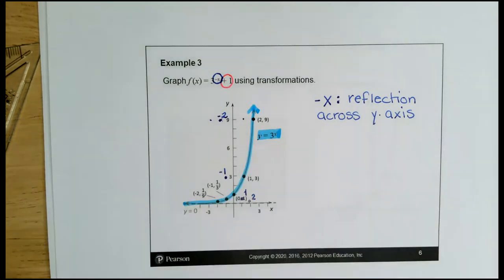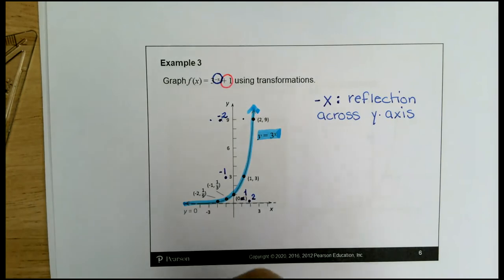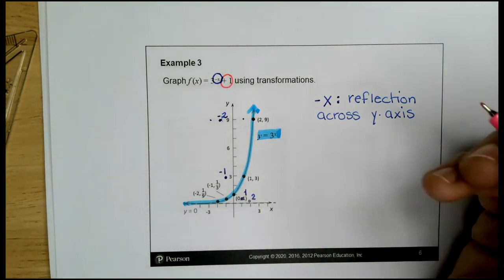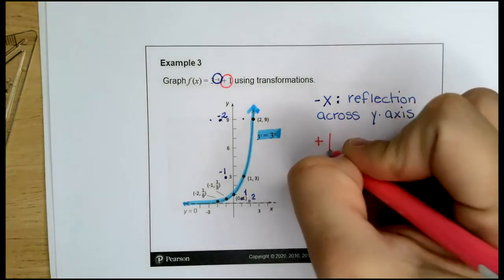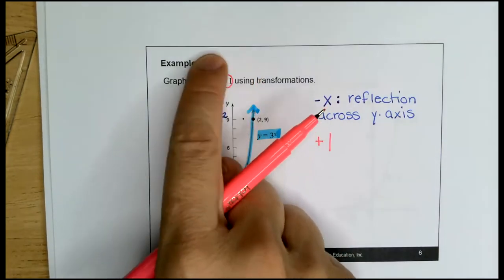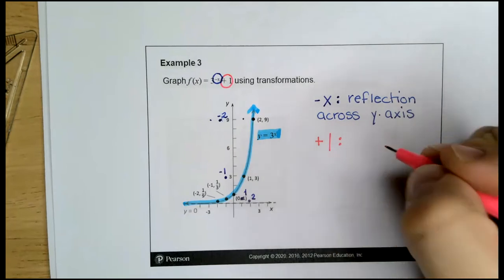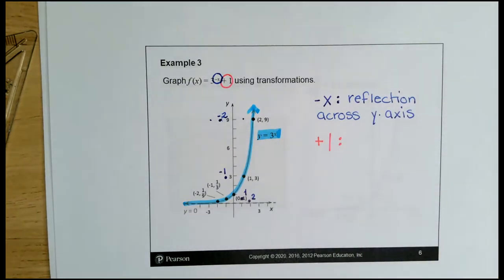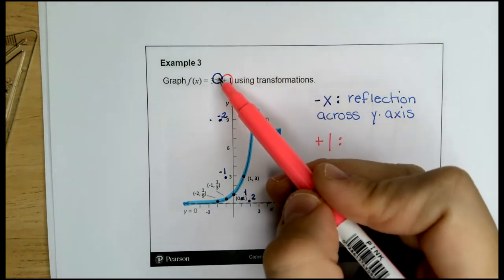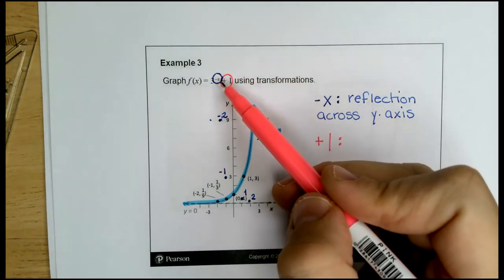All right. The second transformation is that we added one. We didn't add one to the x, we added one to the entire function, or to kind of the y, right? And remember, when you add or subtract, those are shifts. If you add and it is grouped with the x, that would be a horizontal shift.